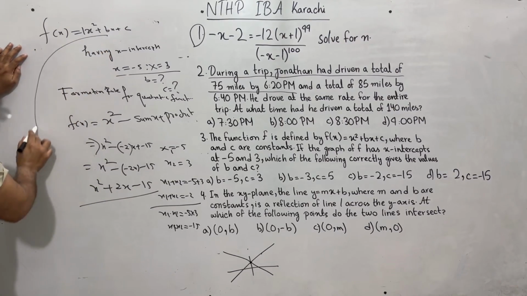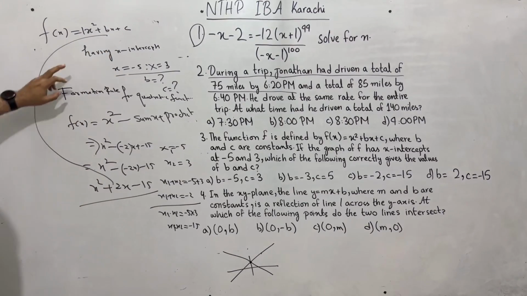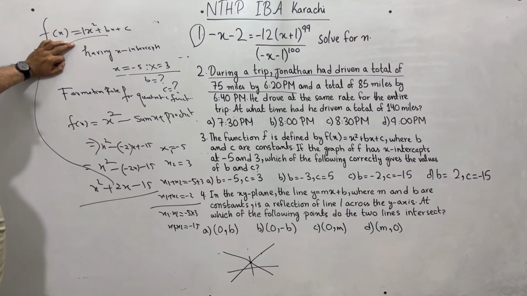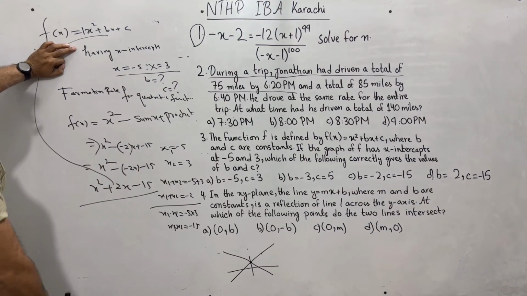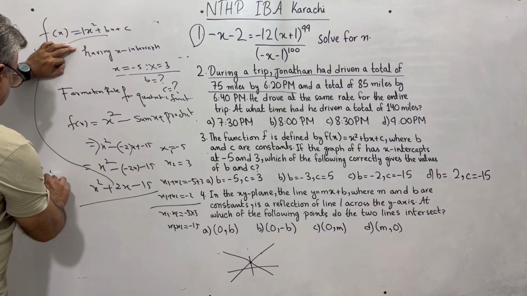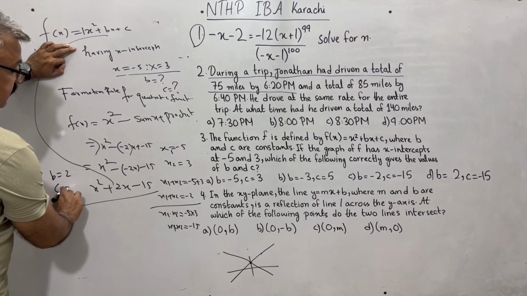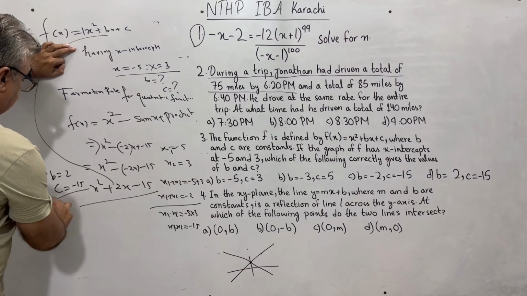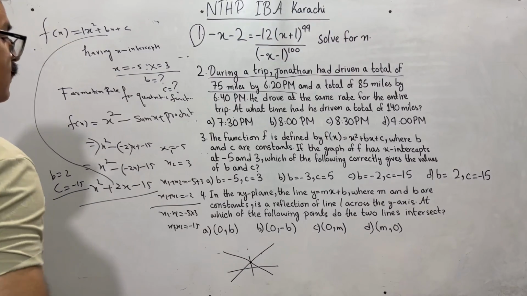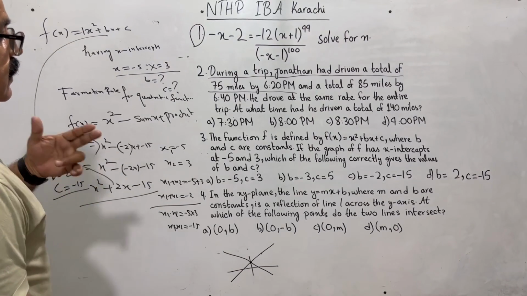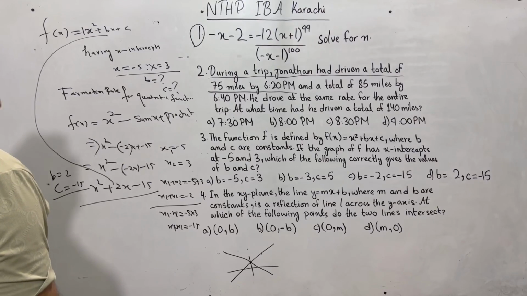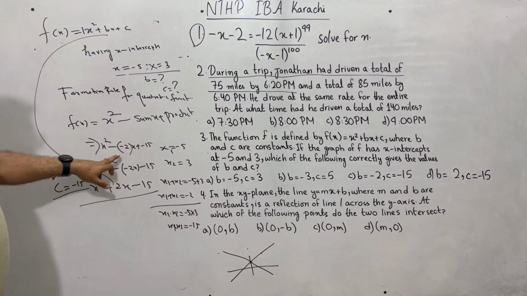Now compare this here. From this we can infer that the value of b is 2, while c is equal to -15. Where lies the option? I think D is the correct option in that case. Let me reconcile that.